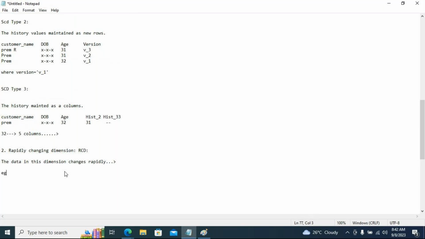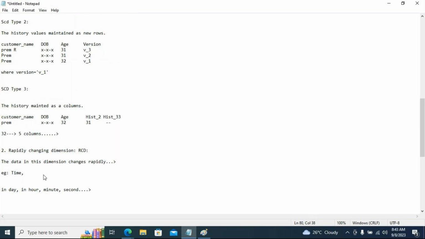So what will be the examples for this? Time. If you're defining any timetable, that is never constant. Every second the data gets changed. Correct? The values get changed. So timetables are rapidly changing dimensions. For example, in a day, in an hour, in a minute, in a second, what is the customer count?